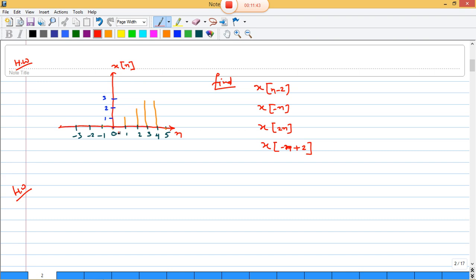If this one and another one signal, this is x2n, suppose this one is x1n. Second question. In second question, this one will be x1n, this one is x2n. Okay.